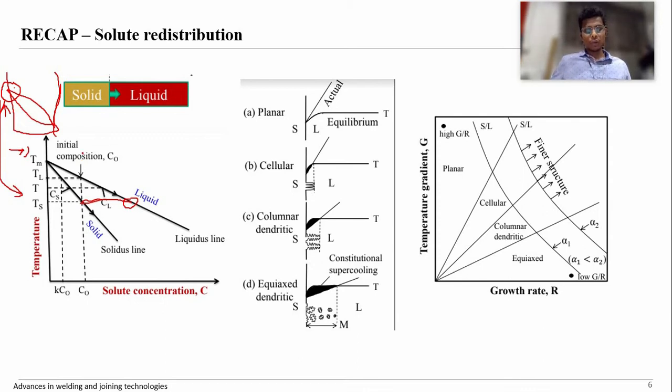When the material cools below the liquidus point, the first solid to form has the concentration Kc naught, where K is the partition coefficient. In this graph, the last liquid present has a concentration given by C naught by K.